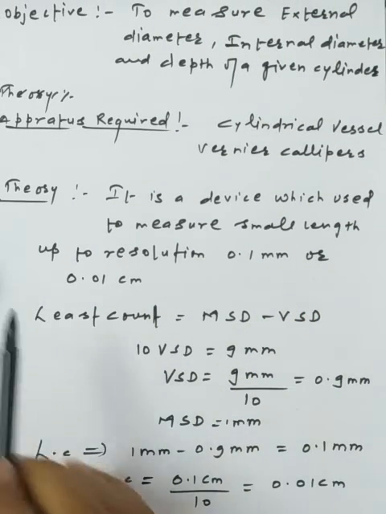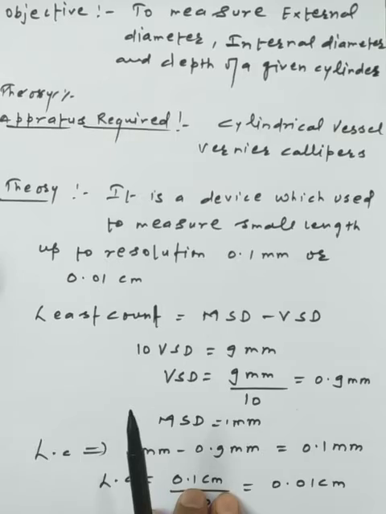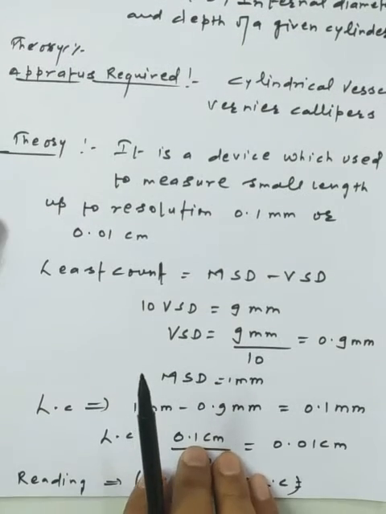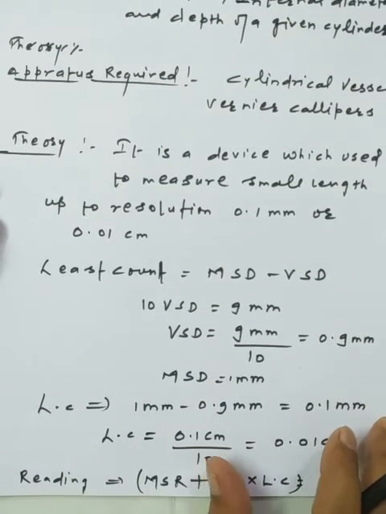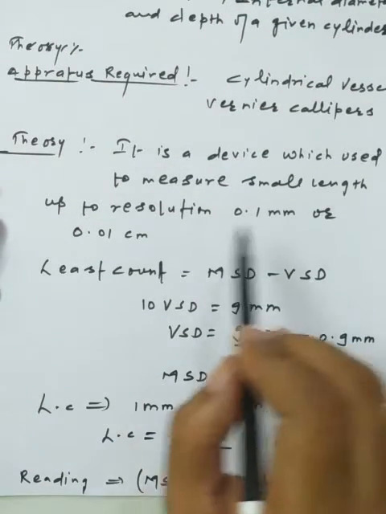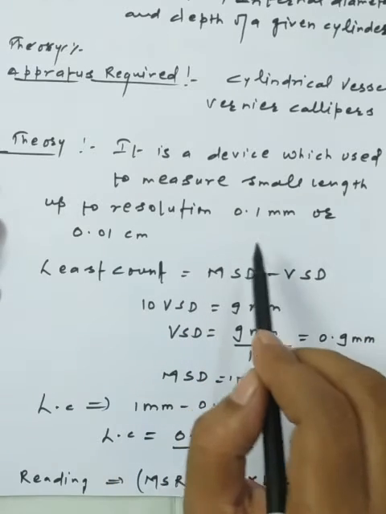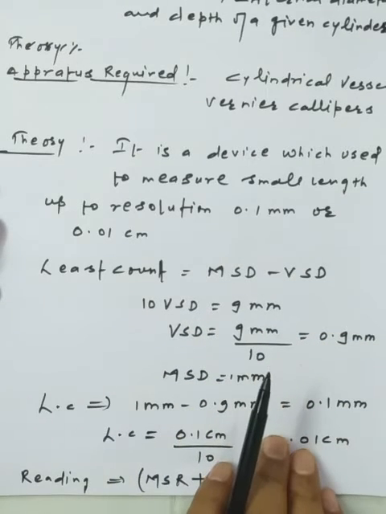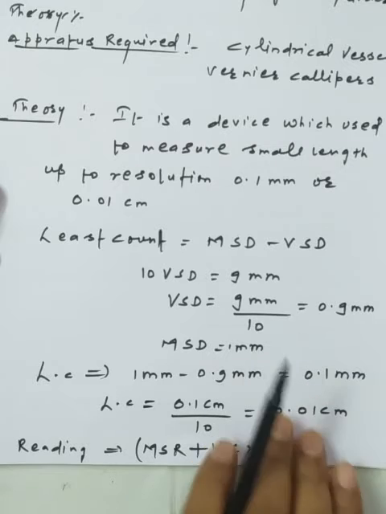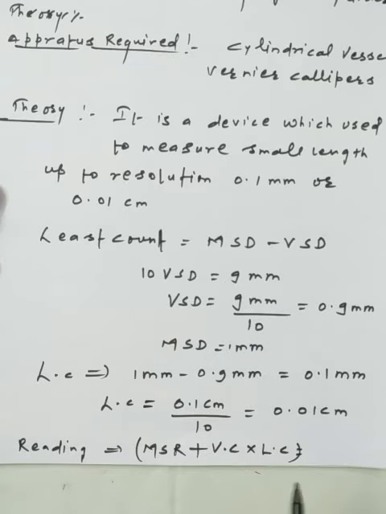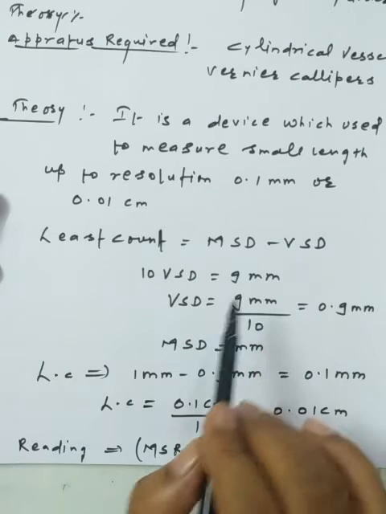The basic theory I have already mentioned: first we discuss the meaning of the device. It is a device used to measure small lengths up to a resolution of 0.1 mm or 0.01 centimeter. Then we discuss the least count of the device, that is MSD minus VSD.